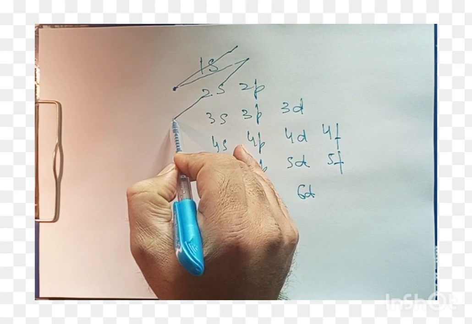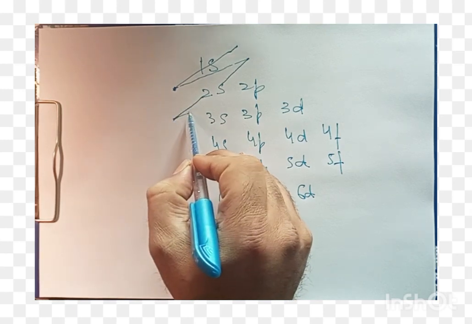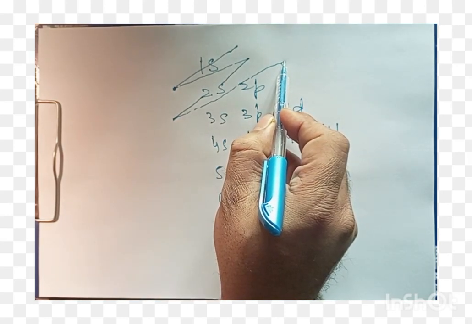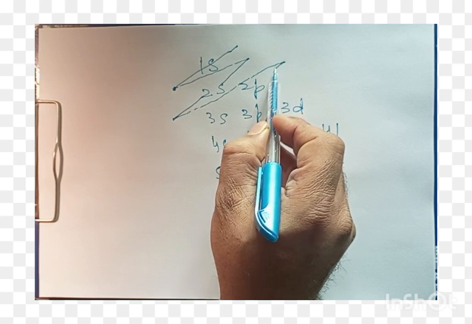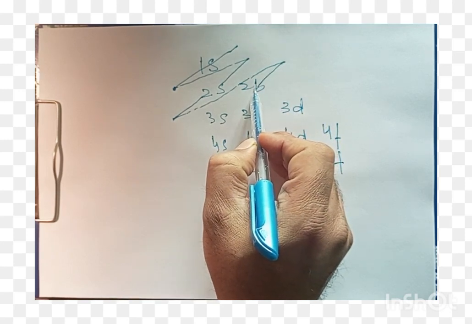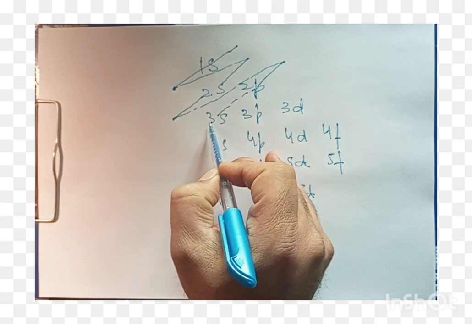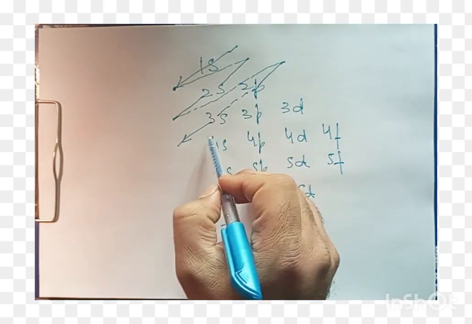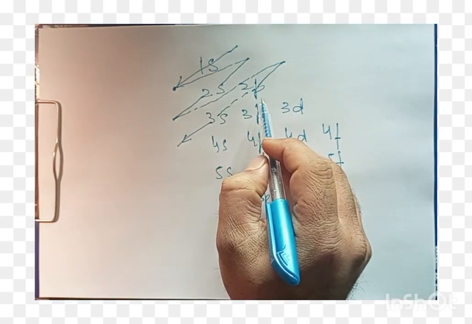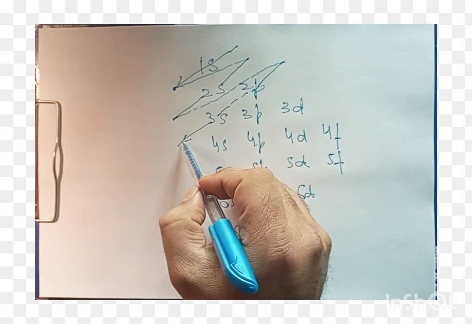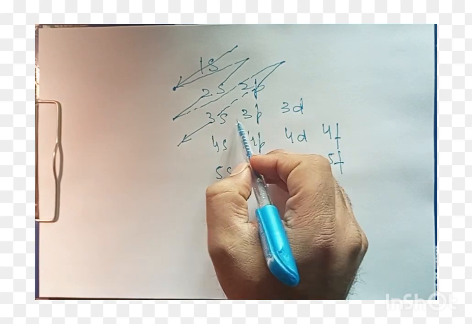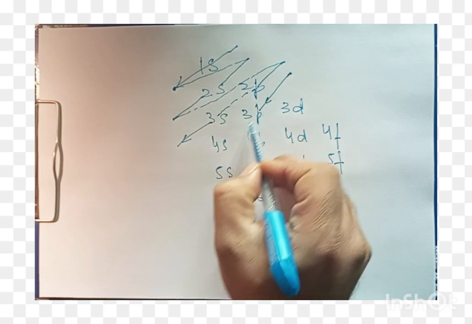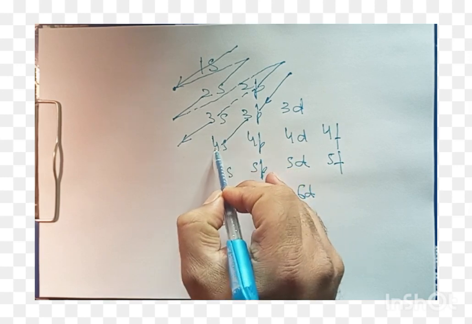And then we'll go back, and then we'll come back to 2p, and 3s. So it's going like this, and then we will have from 3s, 3p, and then it will go to 4s.